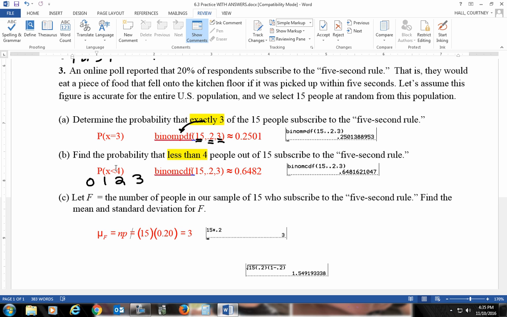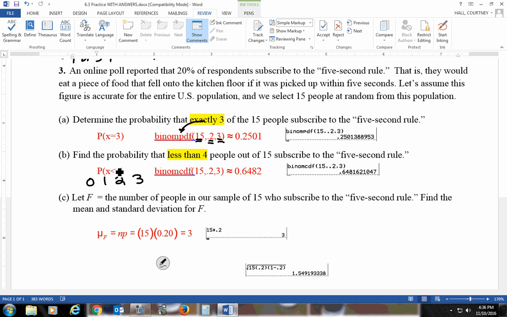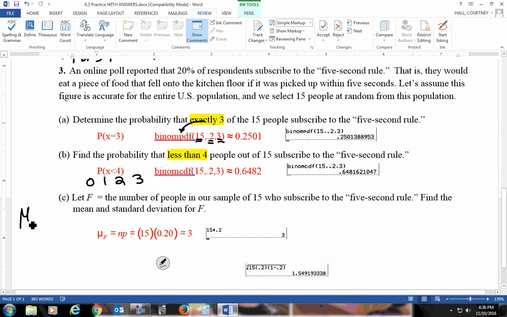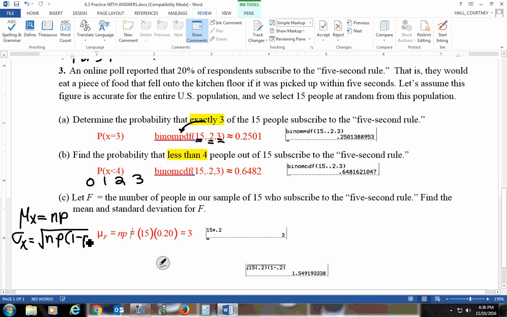So we're going to use our formulas. These are actually on the formula sheet for the AP exam, so it's not something you have to memorize. It will say on the AP exam formula sheet, mu x equals np. And then right below that it says sigma x equals the square root of np(1 minus p).